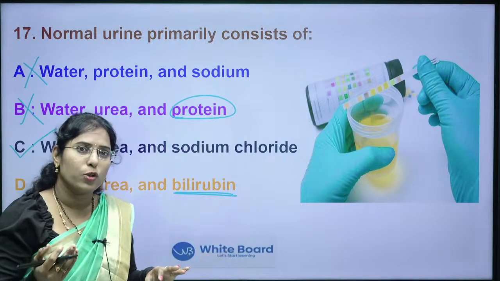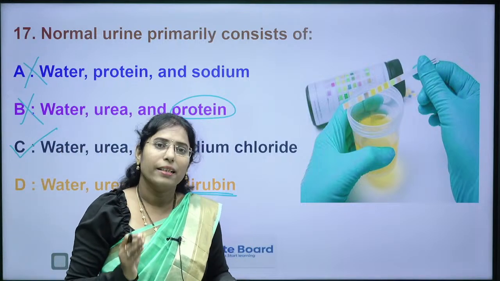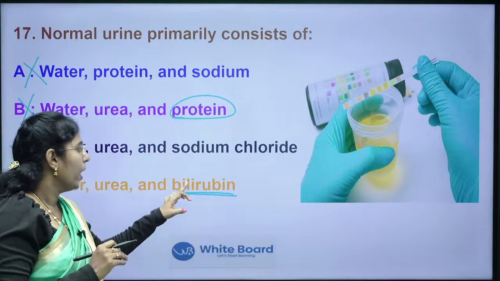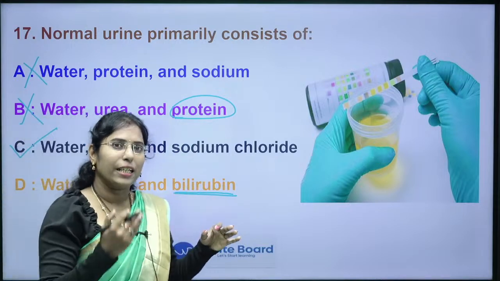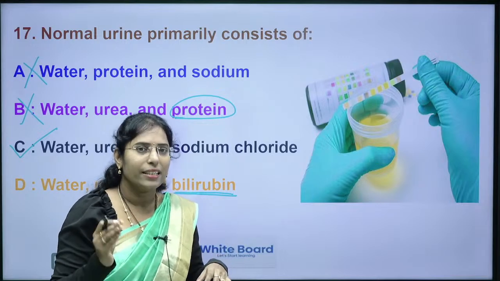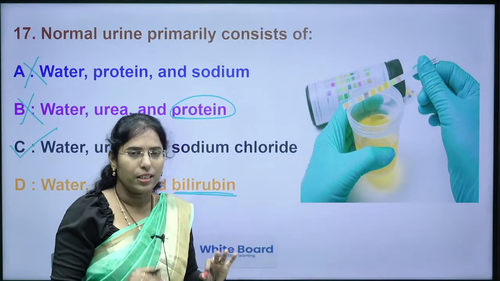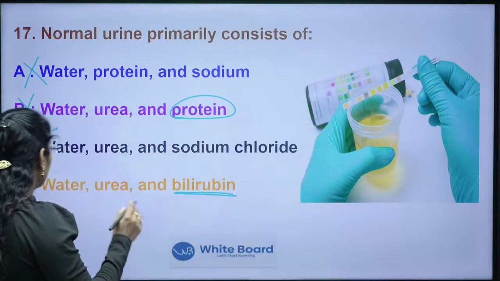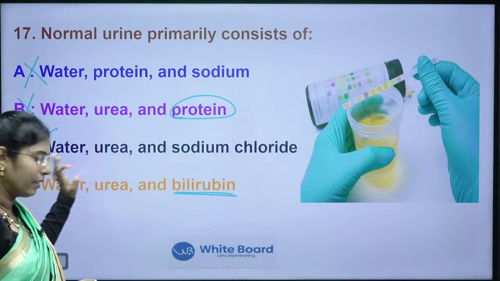If the liver is not working properly, then this bilirubin will be excreted in the urine. If you see bilirubin in the urine, it indicates that liver functioning is abnormal. So option 3 is the correct one.